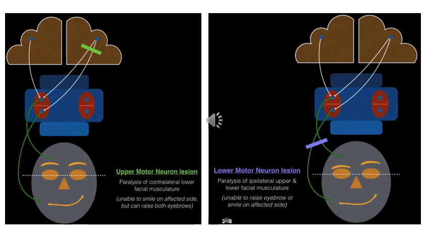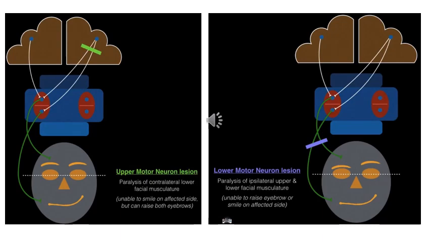In this diagram, it's clearly shown. Take the first diagram, which shows the upper motor neuron lesion. From the cerebral cortex, the pathway, the corticobulbar tract, runs, and you can see two pathways, one coming from the same side and the other from the opposite side. That reaches the pons, the facial motor nucleus divisions, the ventral and dorsal divisions.